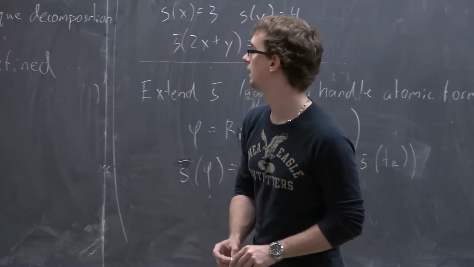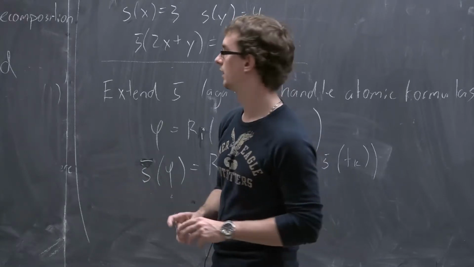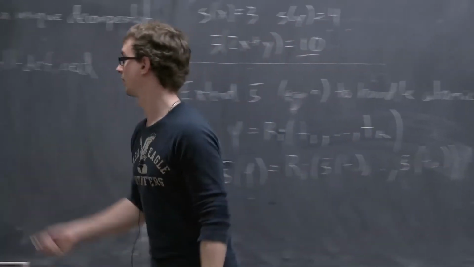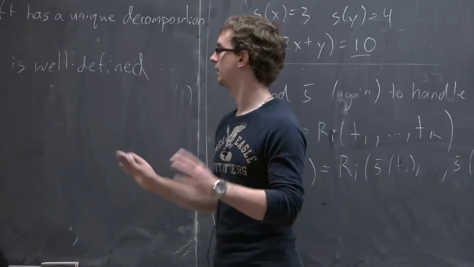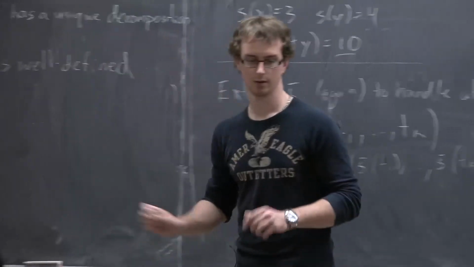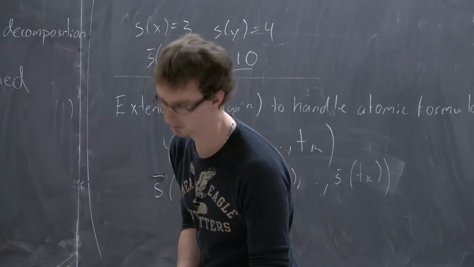So we have a unique way of evaluating any well-formed formula. In other words, our S bar function is going to be well defined. And we don't need to prove all of that in the interest of time. It should be similar to what you've seen before. We want to move on to more interesting things.